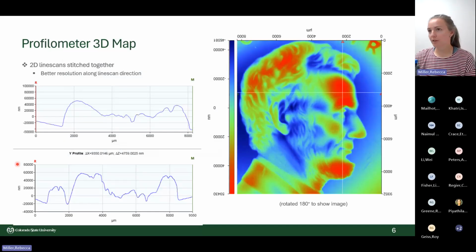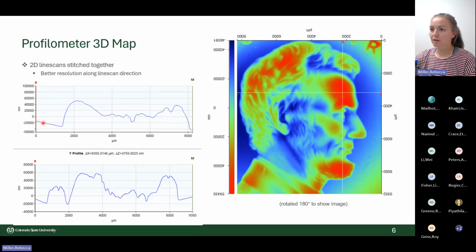And then here's an example of a 3D map where 2D line scans are stitched together. So this was taken on a penny, as you can kind of see, and these individual line scans in the sort of Y direction as shown here were all stitched together. And then these two white lines correlate with the data on the left side here.